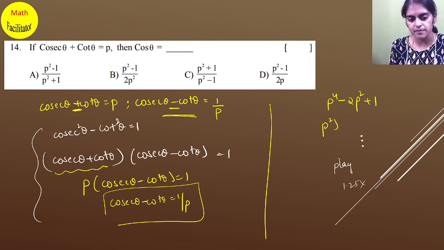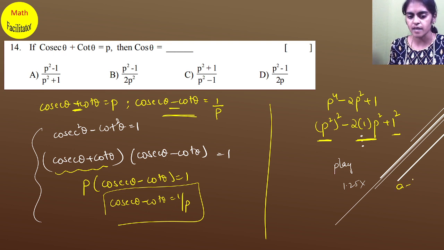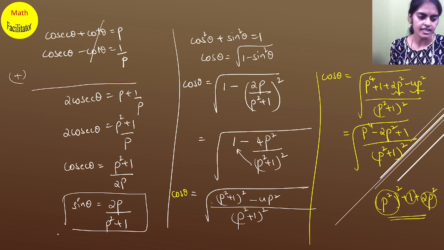Can I write this as P square whole square minus 2 into 1 into P square plus 1 square? This is like a square minus 2ab plus b square. So it is nothing but a minus b whole square. Here in this case a is P square, b is 1. So a minus b whole square is P square minus 1 whole square. Did you all understand? Just the expansion I have done.